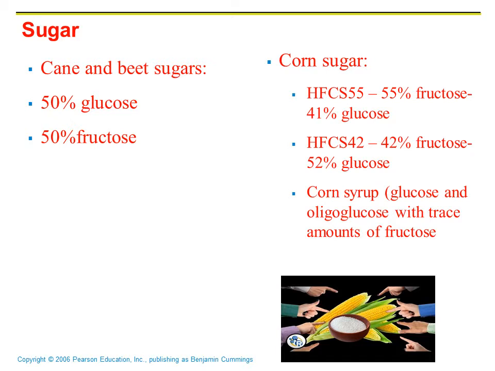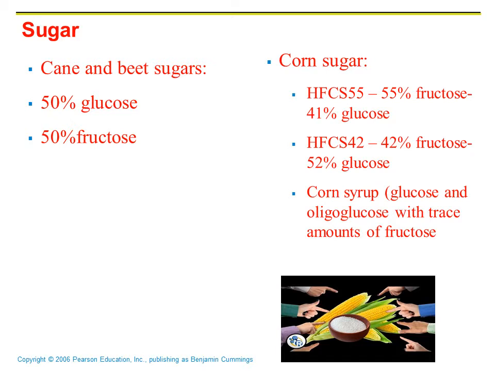So in this corn sugar, we have three components. The first one is HFCS55. That mixture is 55% fructose and 41% glucose. This will therefore make that mixture taste sweeter because of the concentration of fructose in reference to glucose.